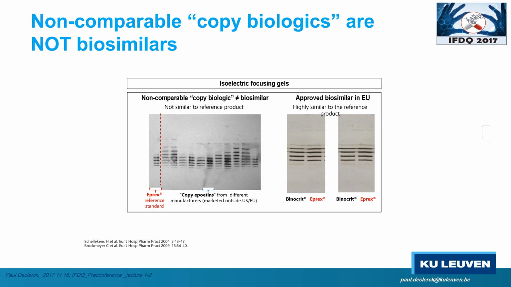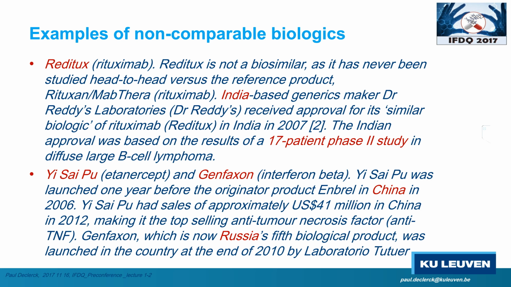If you look at the whole set of other erythropoietin copies that have been introduced somewhere in the world, but definitely not in Europe, not in the US, not in Canada, and so on, you will see that the pattern of glycosylation is very much different between those different copies, also illustrating that definitely they are not to be considered as biosimilar.